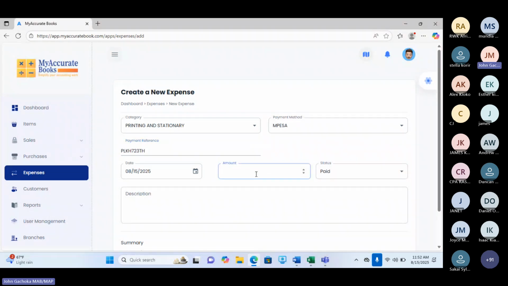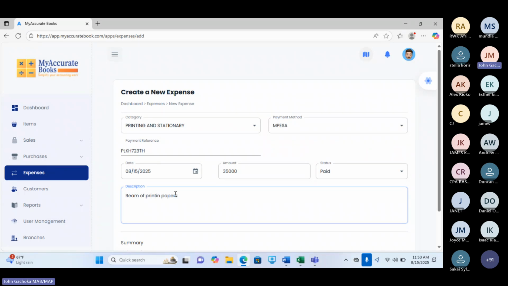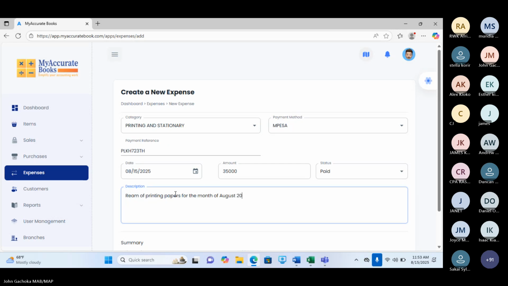We say we are buying for maybe 35,000. Something like that.